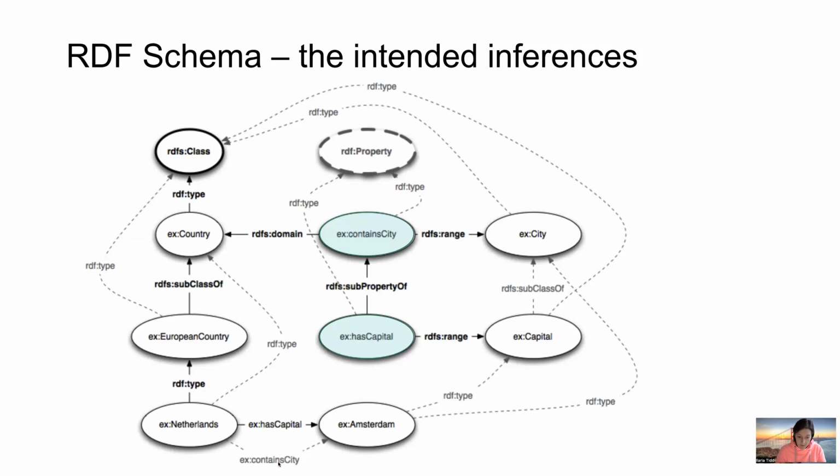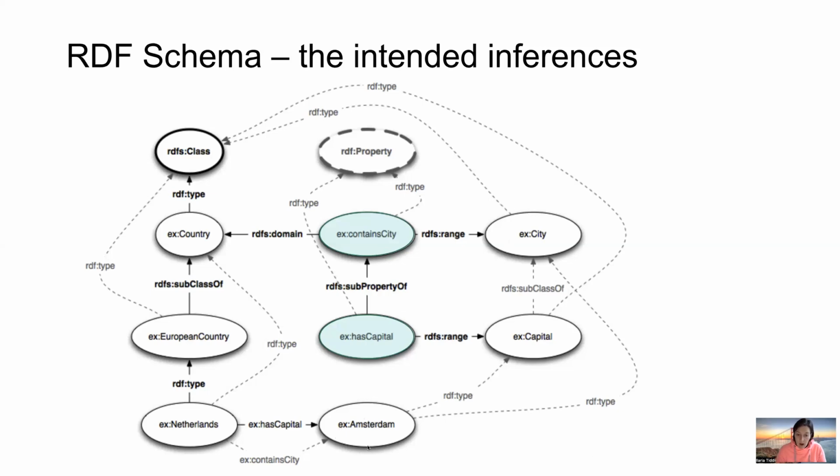And since Amsterdam is the object of the contained city relationship, that is its range, it will also be inferred as being of type city.